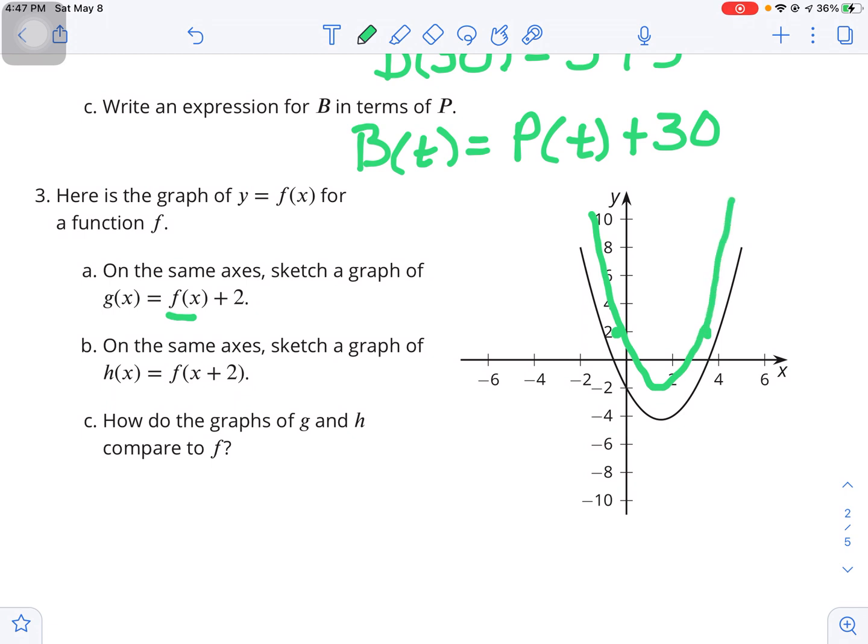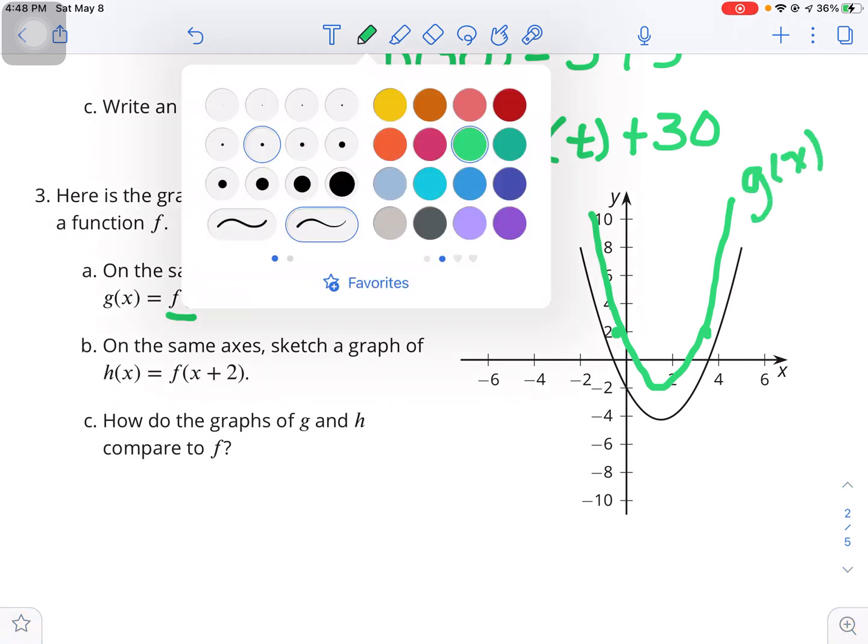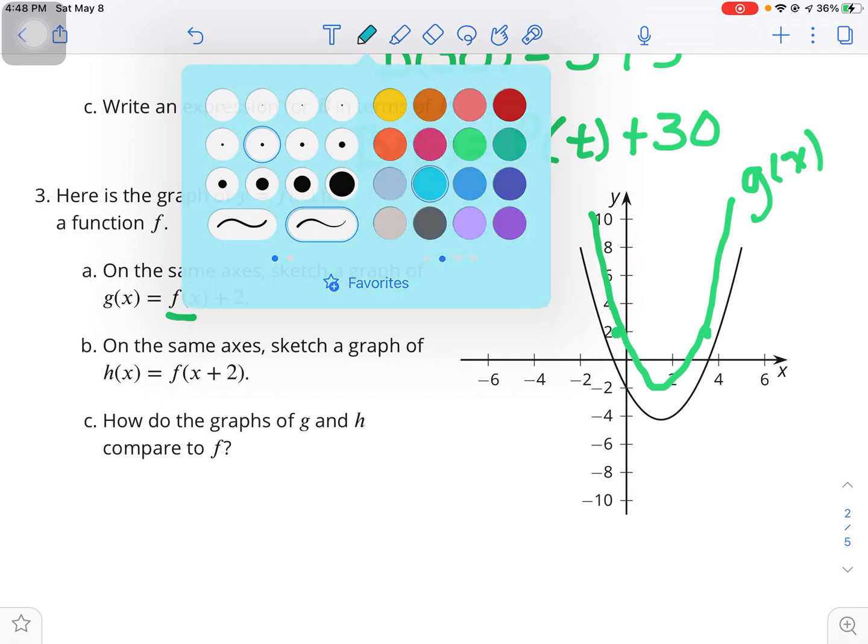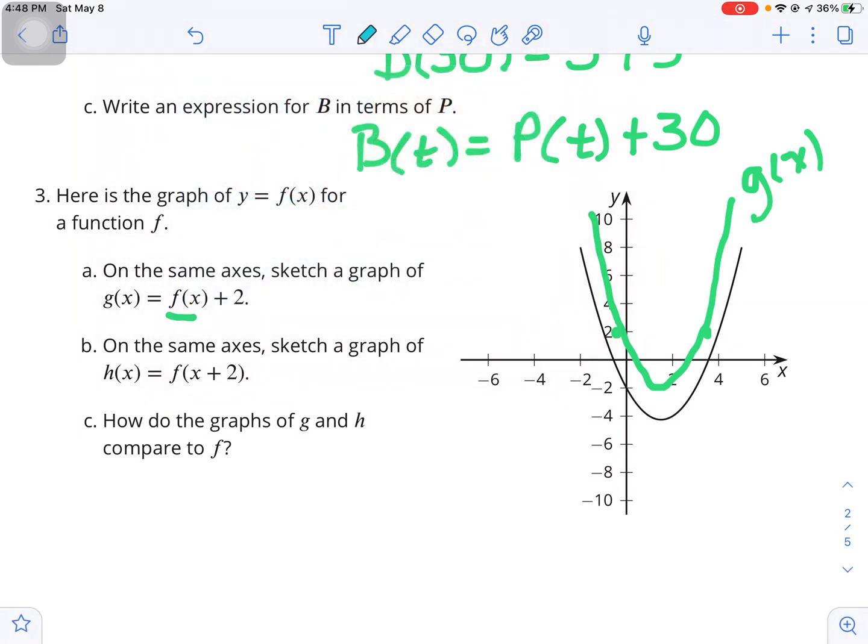And then on the same axis, sketch a graph of h of x. So this is g. Now put h of x in a different color. So h of x is going to be f of x plus 2.